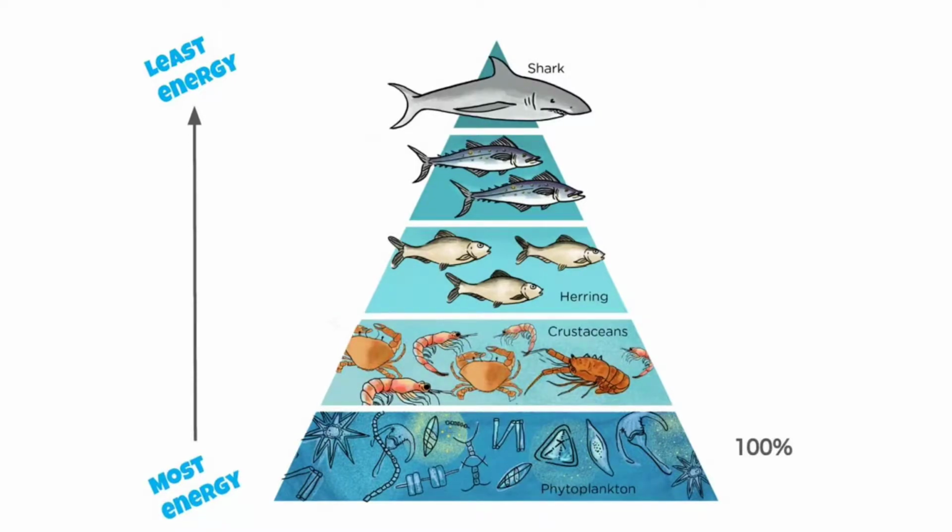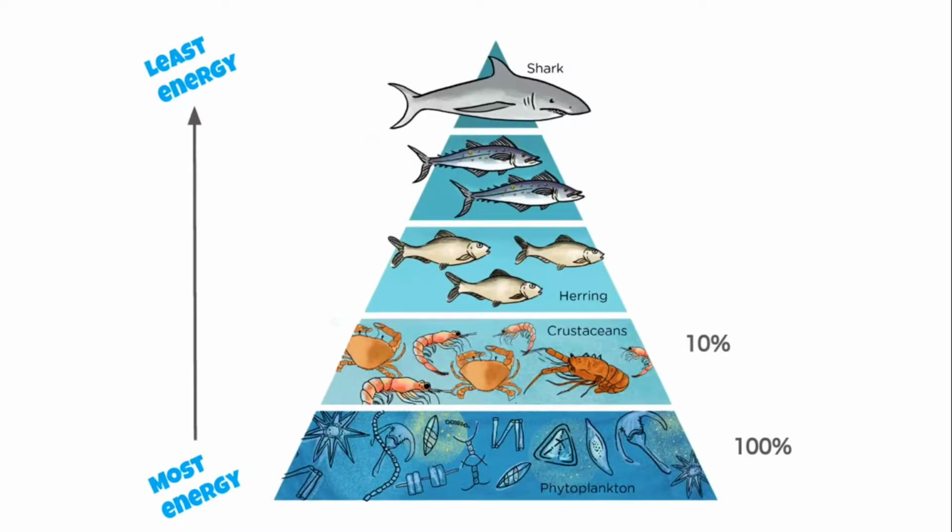As you can see, the primary producers get 100% energy and we are following the 10% rule, so the primary consumers get 10%, secondary get 1%, tertiary get 0.1%, and top predators get 0.01%.